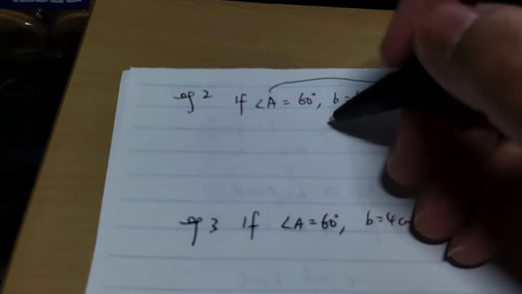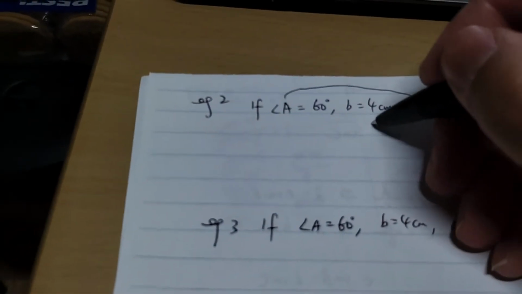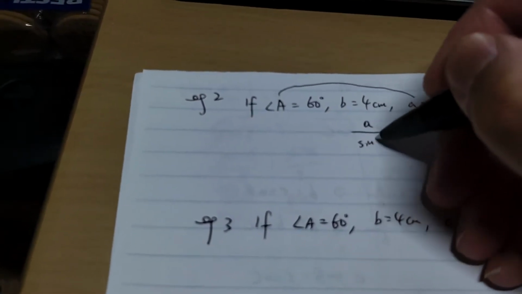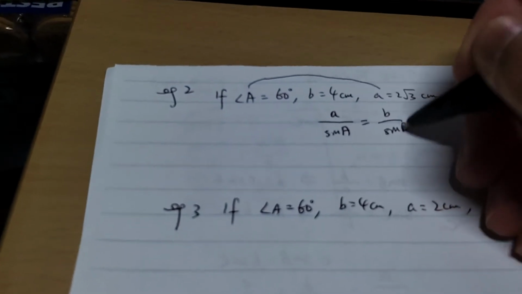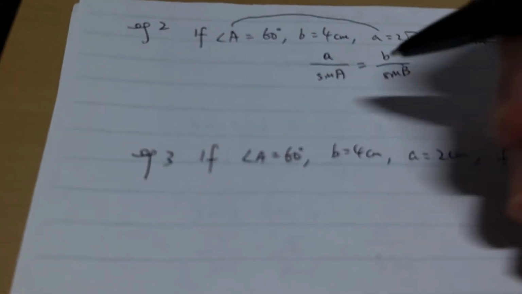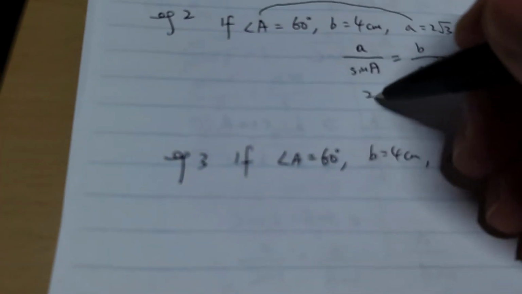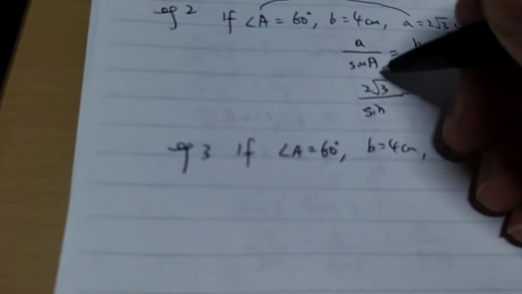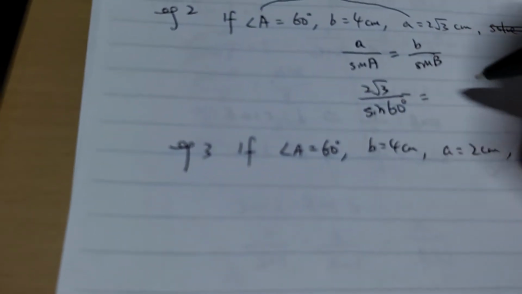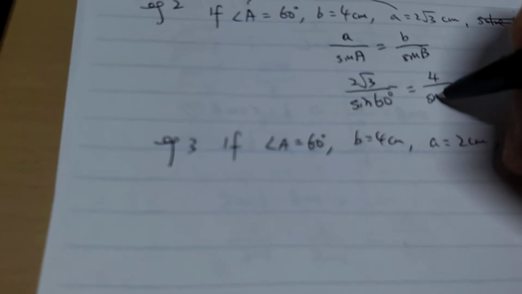So by using the sine formula, which is a over sine A equal to b over sine B: a is 2 square root of 3, angle A is 60 degrees, b is 4. Angle B, we don't know.